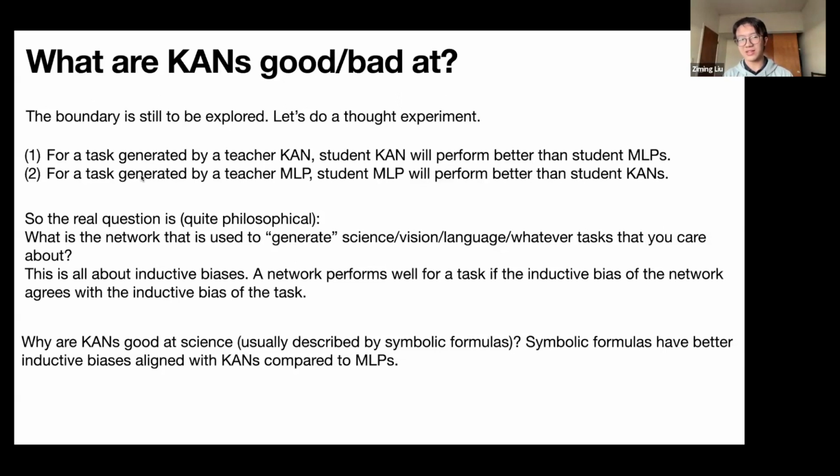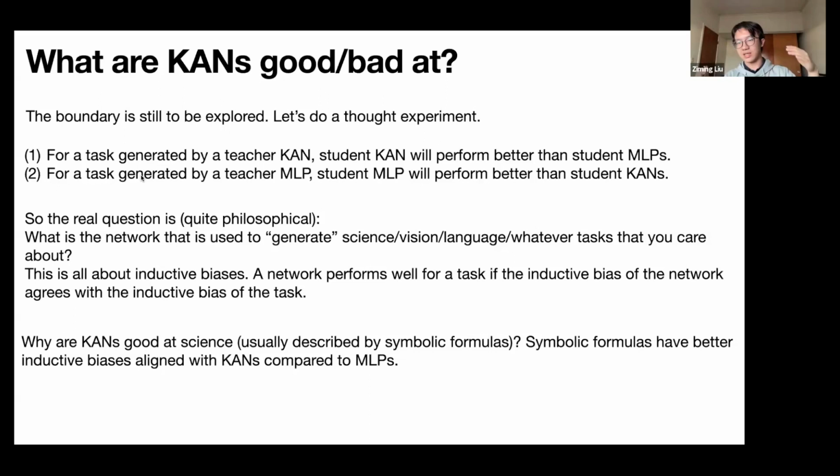So in the end, I think this is all about inductive biases. A network performs well for a task if the inductive bias of the network agrees with the inductive bias of the task. And the reason why KANs are good at science is because science is described by symbolic formulas, which have nice modularity and compositional structures, and this is exactly what KANs are good at, because KANs are simply summing up.